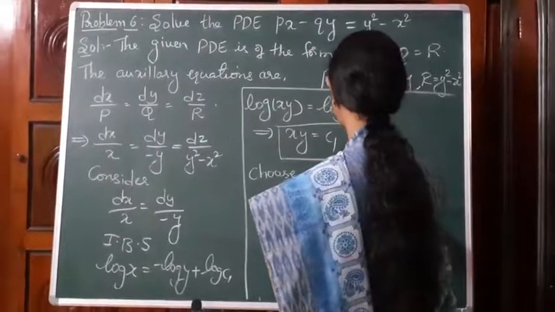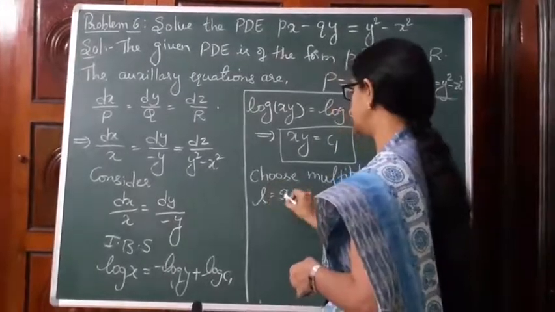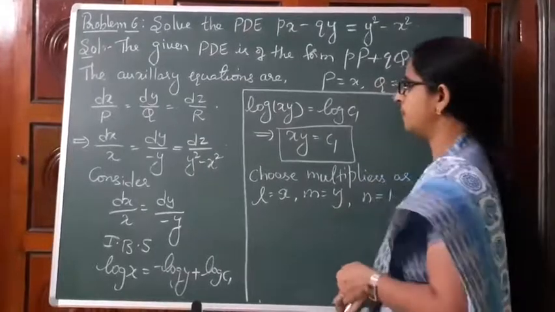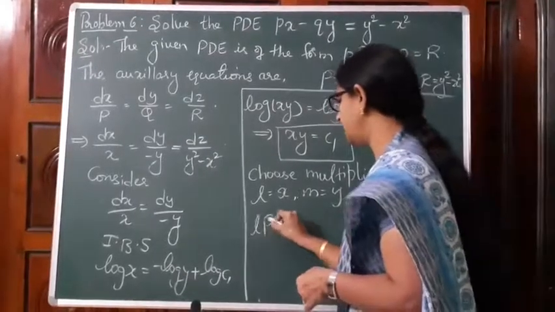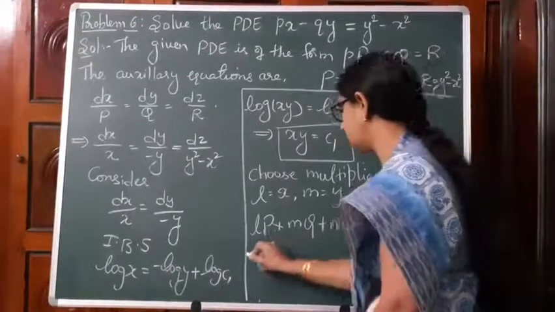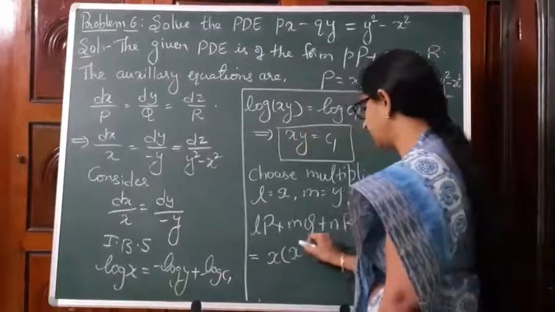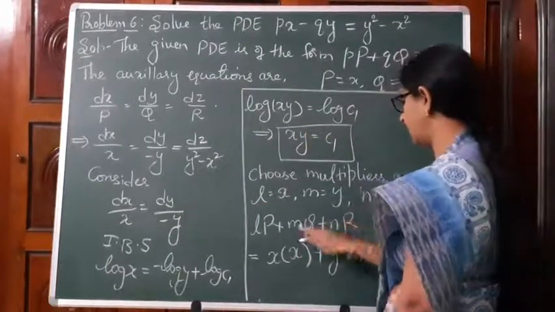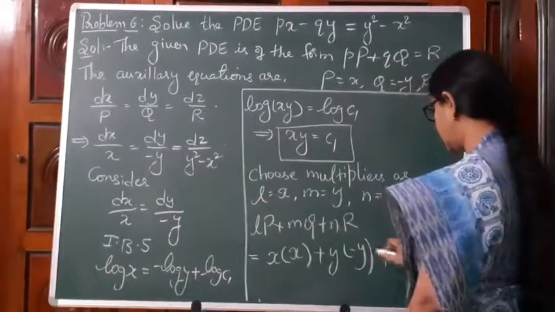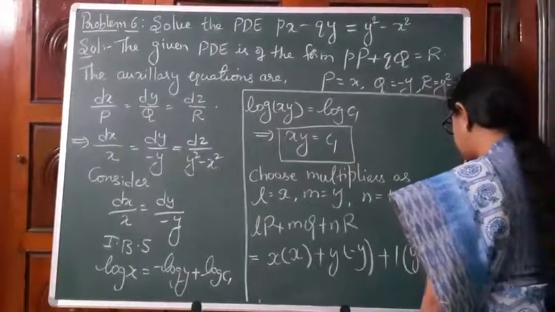Choose multipliers as l = x, m = y and n = 1, so that l into P plus m into Q plus n into R is equal to x into P, which is x, plus y into Q, which is minus y, plus 1 into R, which is y square minus x square.